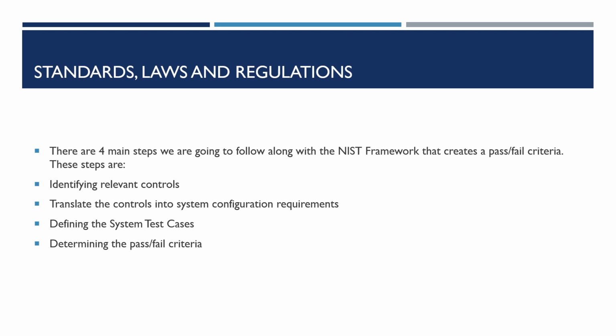So looking into standards, laws, and regulations, the NIST framework is the set of guidelines or best practices that our organization, as well as many others, use to manage and reduce the chances of cybersecurity risks.